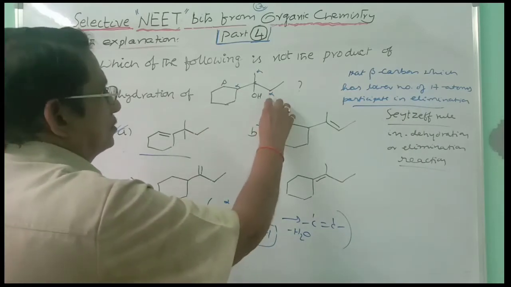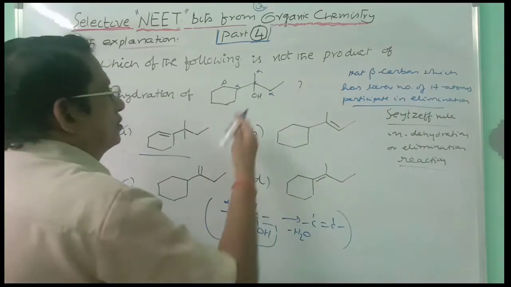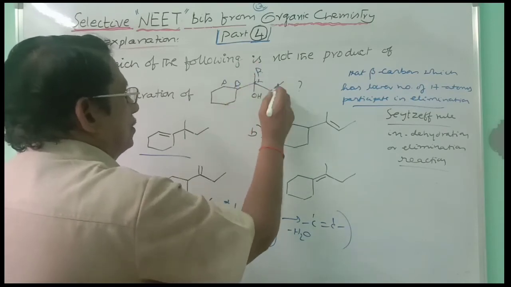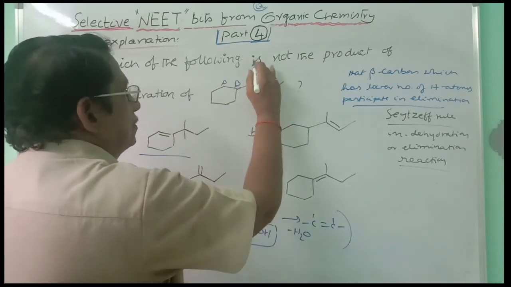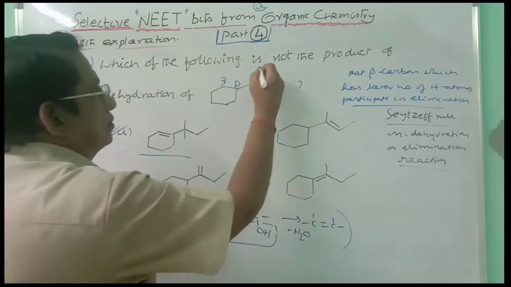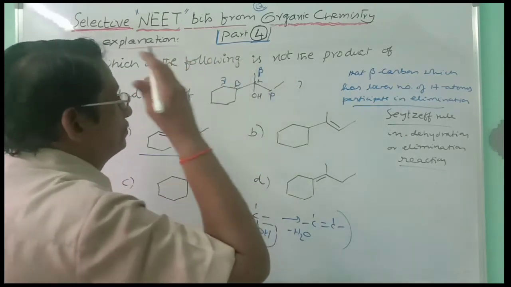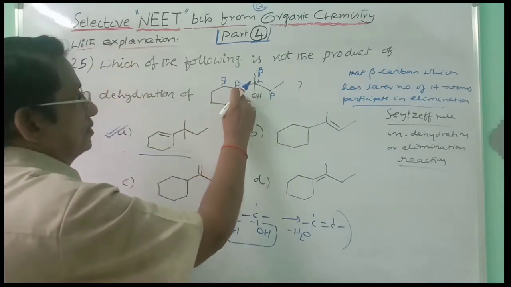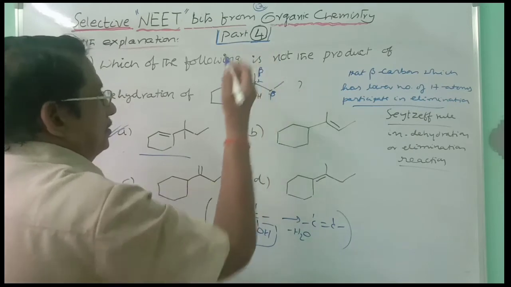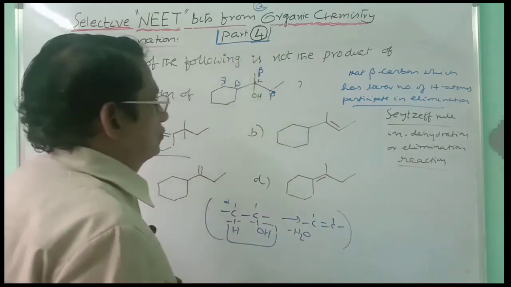This is alpha, this is beta, this is beta, this is beta, this is gamma. Sorry for the confusion. And so this beta carbon is participating, this beta carbon is participating, this beta carbon is also participating here to get the elimination products.